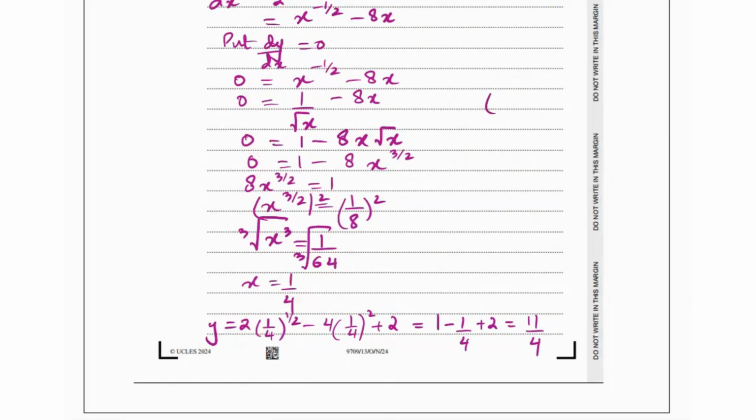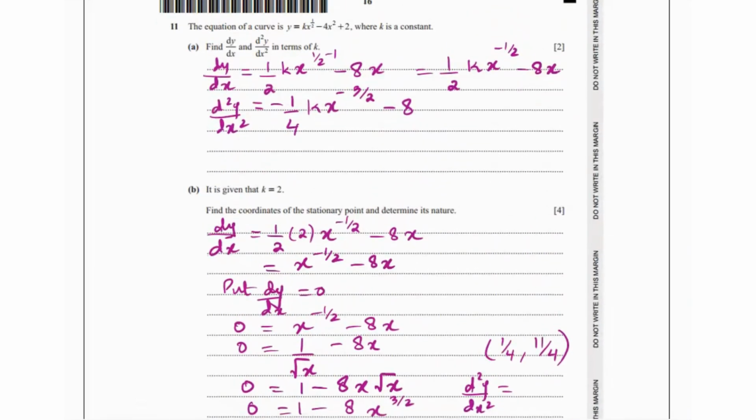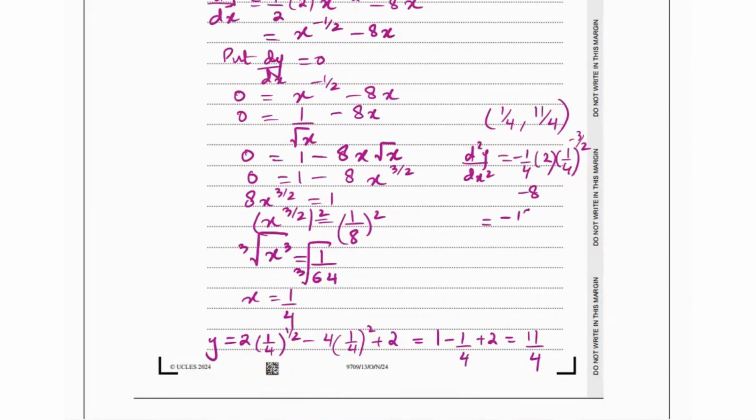So your coordinates are 1 over 4 and 11 over 4. Now for the nature, double derivative is equal to negative 1 over 4 k times x to the power of negative 3 over 2 minus 8. So negative 1 over 4 times 2 times 1 over 4 to the power of negative 3 over 2 minus 8 is going to give us a value of negative 12, which is less than 0, and that's maximum. So this point is maximum in nature.